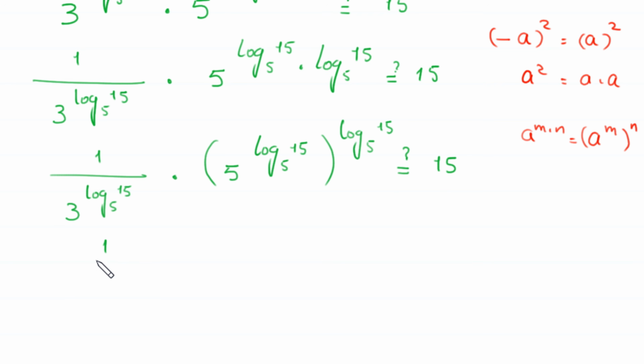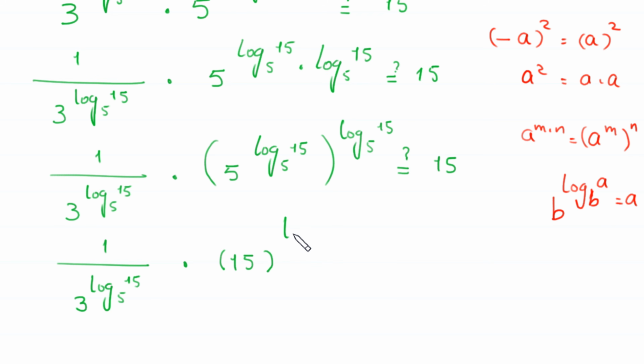Next, by using this log property, b to the power log base b of a is equal to a, this 5 to the power log base 5 of 15 will become 15, whole to the power log base 5 of 15. Is it equal to 15?